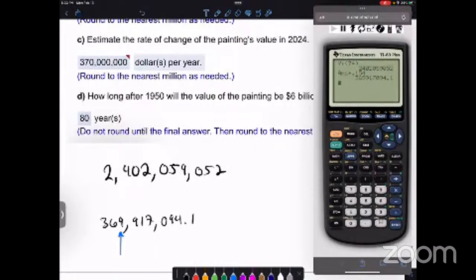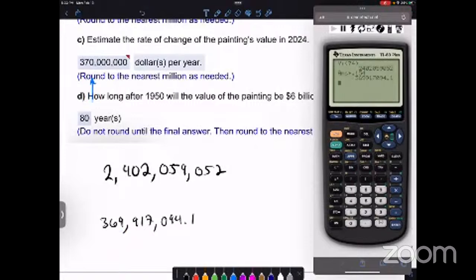Behind the 9 is another 9, which is larger than 5. So that means this rounds up. So the next number up is going to be 370 million. And that's where this 370 came from. This one tells us to round up.